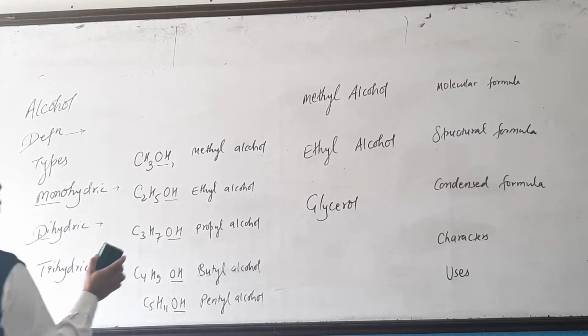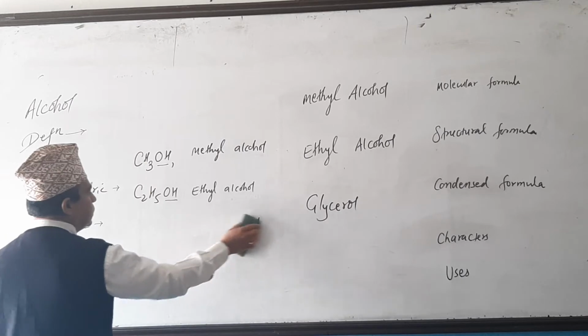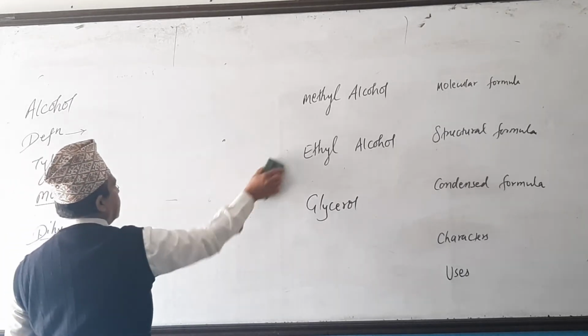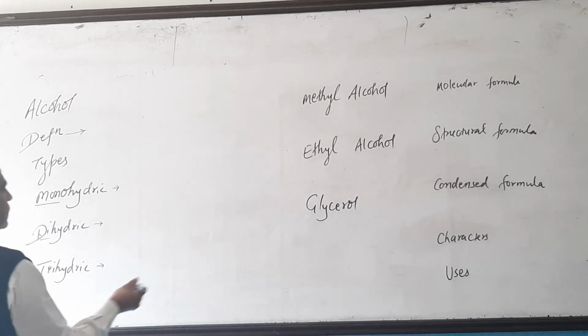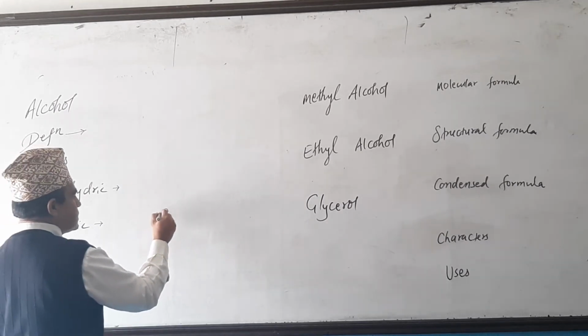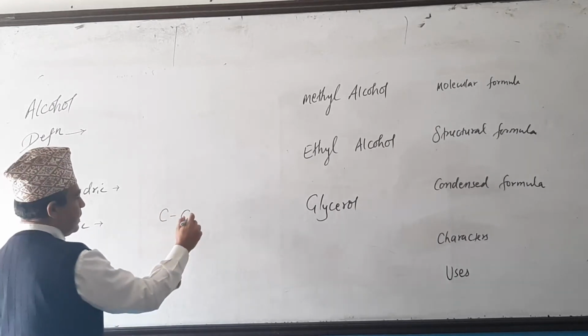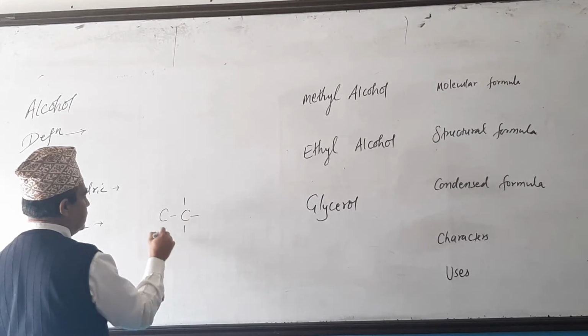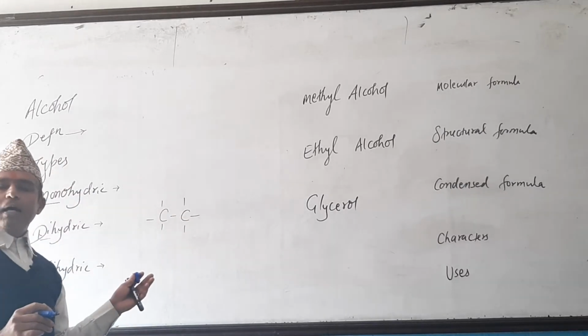So, dihydric means presence of how many OH groups? 2 OH groups. Okay. So, if there are 2 OH groups, then that is dihydric alcohol. Let me show you here. C and C means this is eth. 1, 2, 3, 4, 5, 6. Can you say what type of hydrocarbon it is?